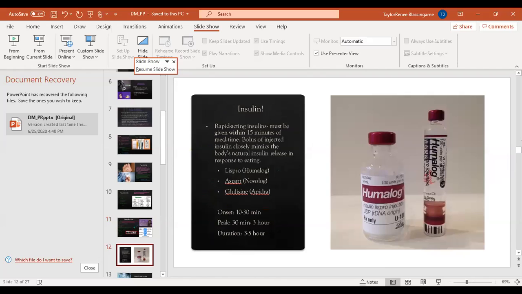Alrighty, and now we're going into insulin. Yes, you do unfortunately need to know the time frames. I am very sorry, it does suck a lot, but you get used to it over time, and it does get easier. I'll tell you that. So you have insulin, you have rapid acting: Lispro, Aspart, and Glulisine. I'm going to mess up these names so bad, so don't think I'm saying them correctly.